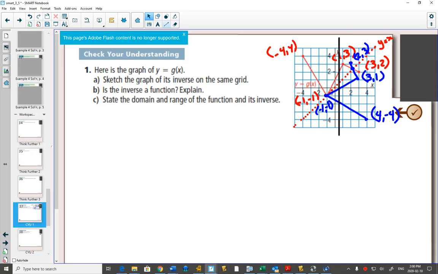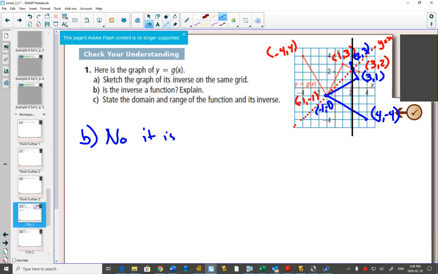So the blue one, can you see with the vertical line where it is right now? It's touching the blue graph twice. Can you see that the red graph passes the vertical line test? It's only touching once, all the way through. But the blue one, like, this is 3 times. Oh my goodness. Really bad. So for part B, no, it is not a function.